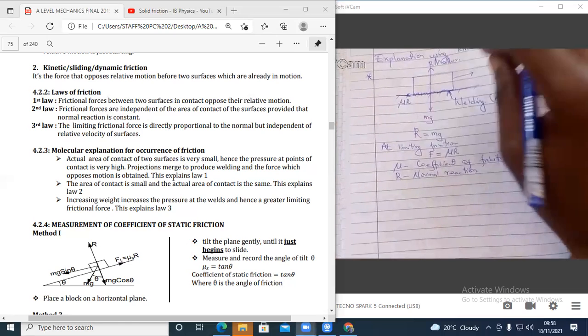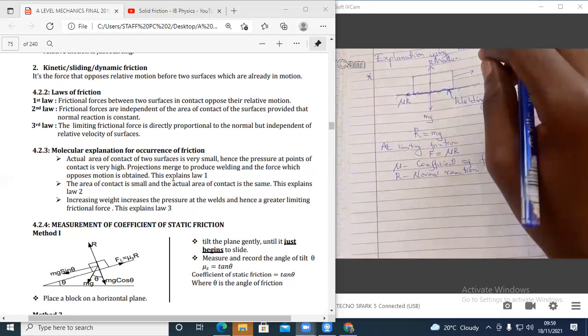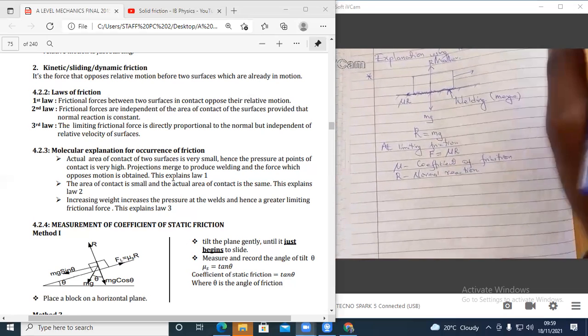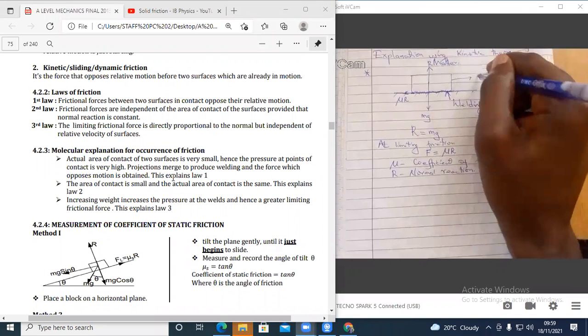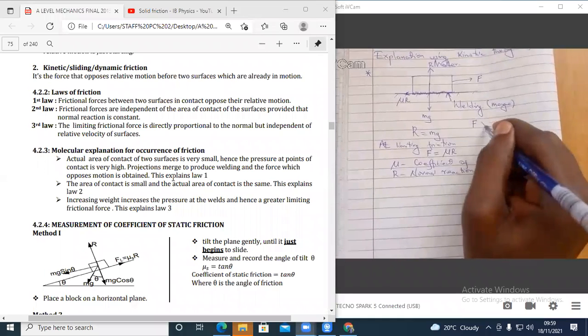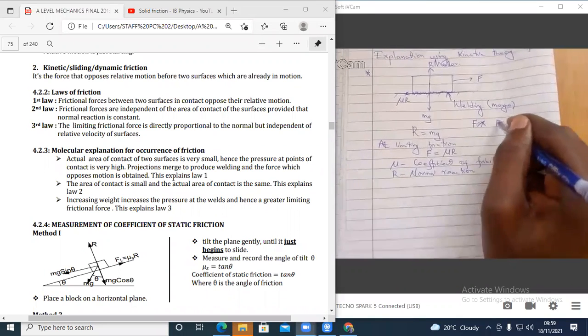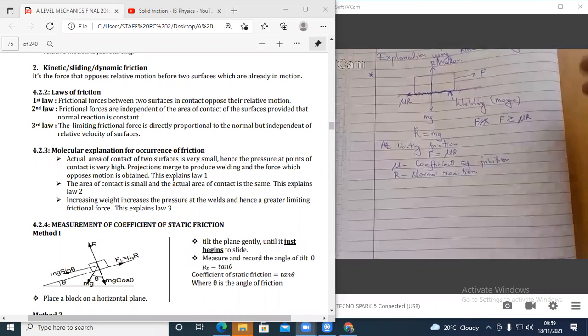And we say that for a body to move, the force applied must be greater than the frictional force. If this is the force F, for this body to move, F must be greater than the frictional force μR. Otherwise, the body will not move.